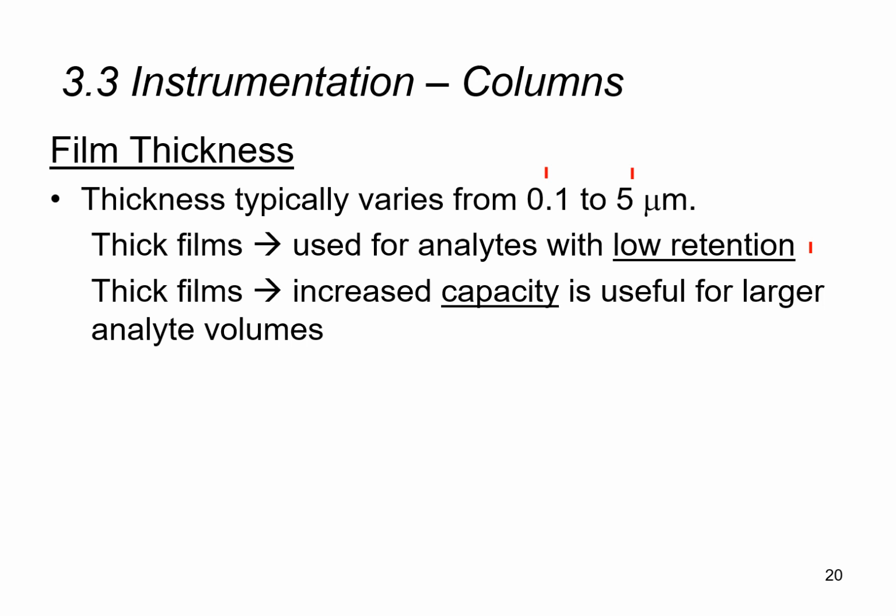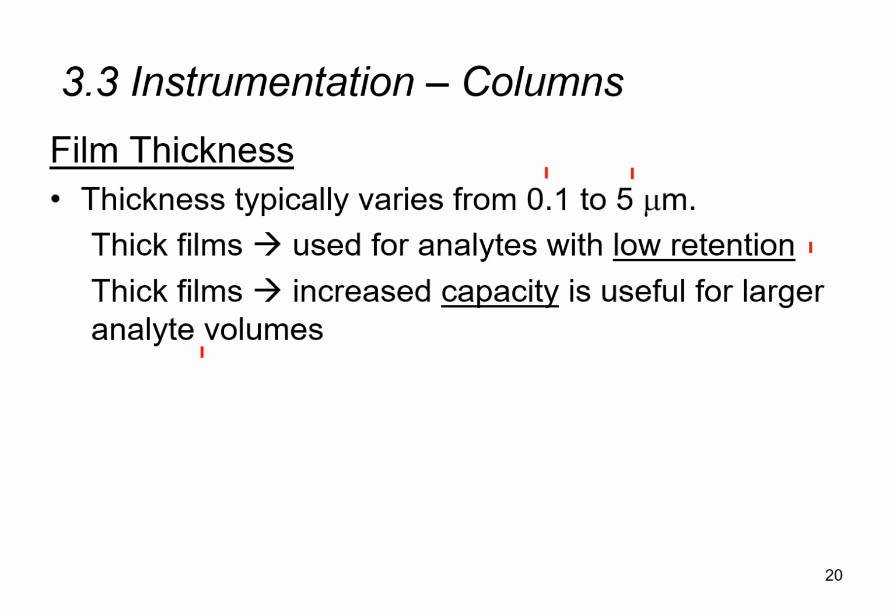Now, sometimes when we need to analyze slightly larger analyte volumes, we may also consider a column with a thicker film. This is because with larger analyte volumes, the stationary phase or the film may be quite easily saturated, so there is no room for the various gaseous molecules to interact with.